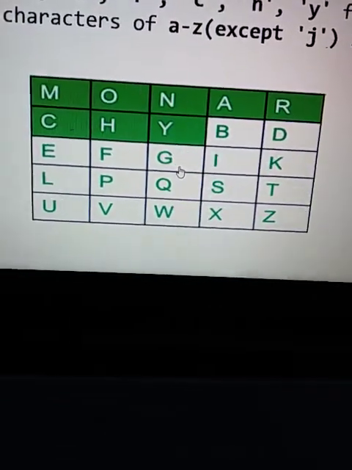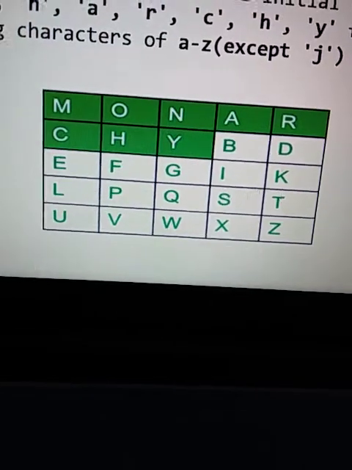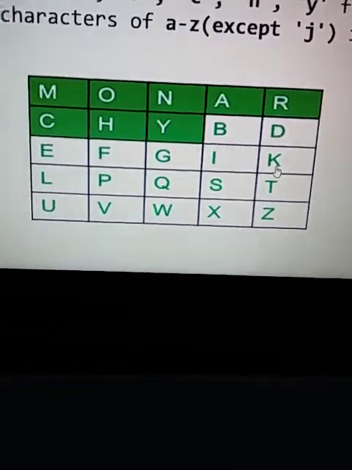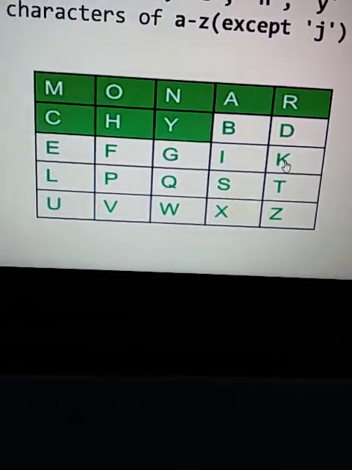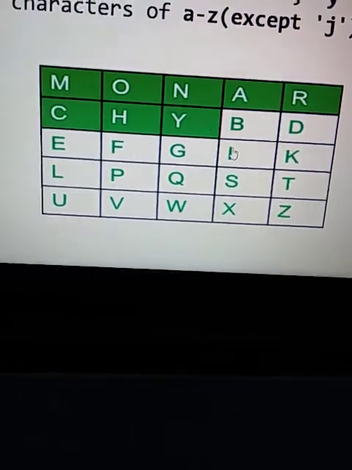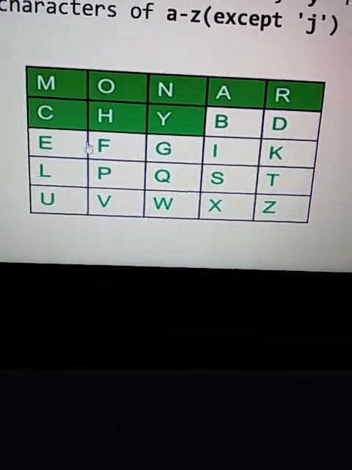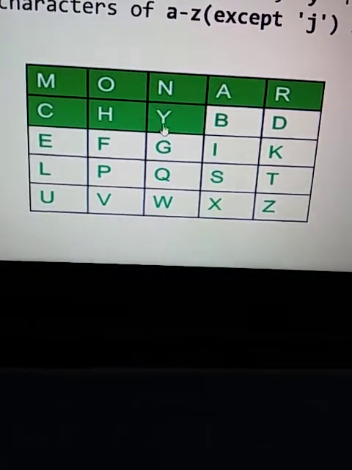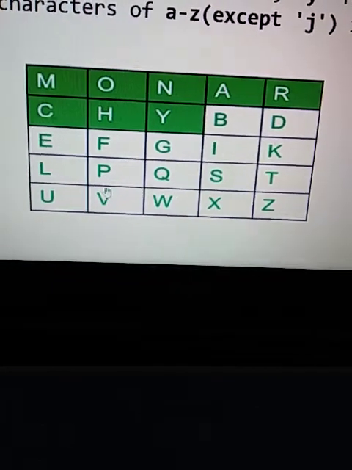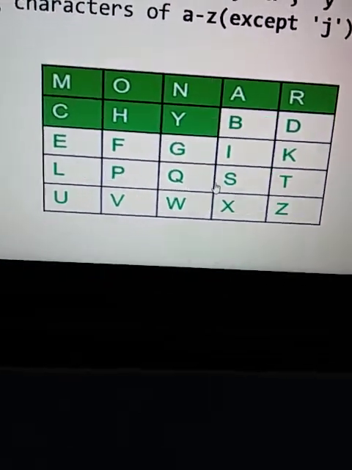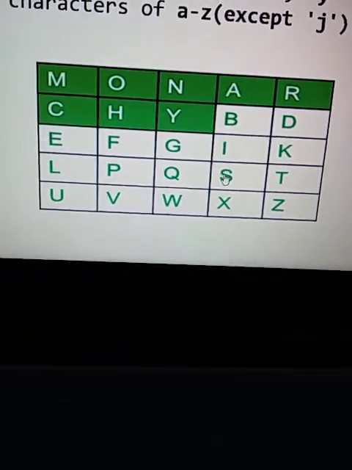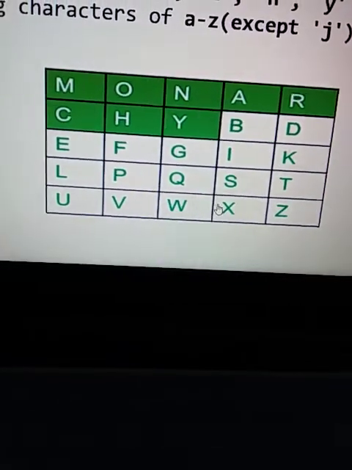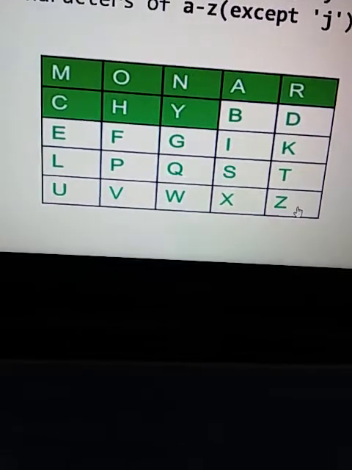Then what is left is I, J, which normally share one cell. Then K, L, M. M already exists. N exists. O exists. So the next letter is P. Q, R is there, so it is left. S, T, U, V, W, X, Y is there, so we leave that, and then Z.